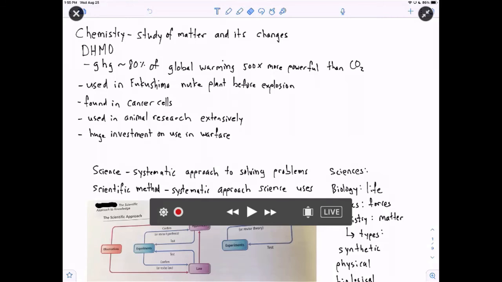So here are some pictures. The screen is terrible for you guys. Carbon dioxide here, this is dry ice in the middle of the picture. It sublimes, it changes from solid to gas, and that is a physical change. Sugar dissolves in water, that's sucrose sugar.